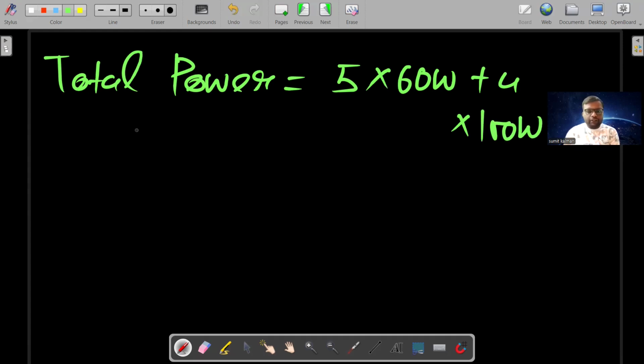If you calculate this, 300 plus 400, 700 watt. So here we are getting 700 watt.